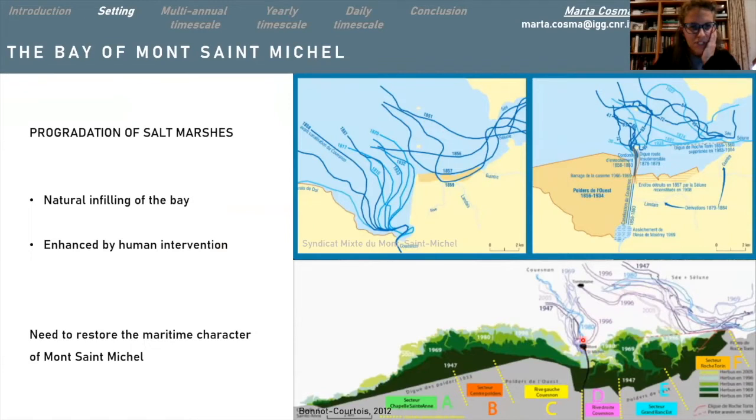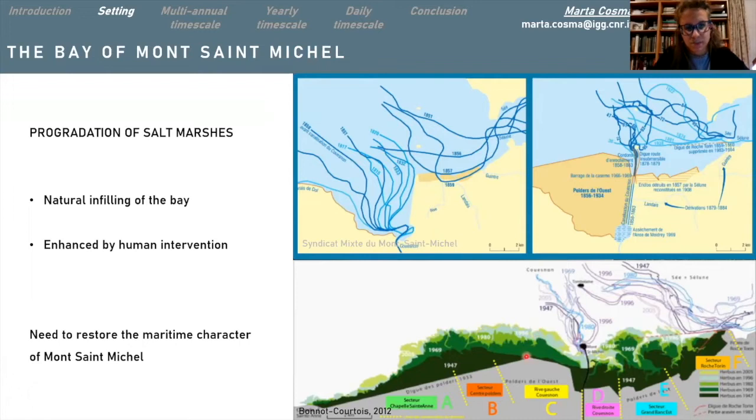What happened is that the reclamation of land and the construction of dams inhibited the natural migration of the different rivers flowing in the bay, which are no longer able to transport the sediments occurring here toward the outer bay.